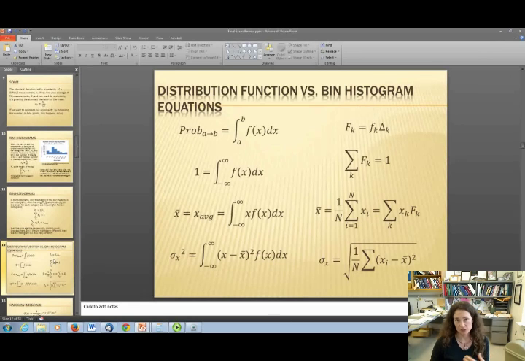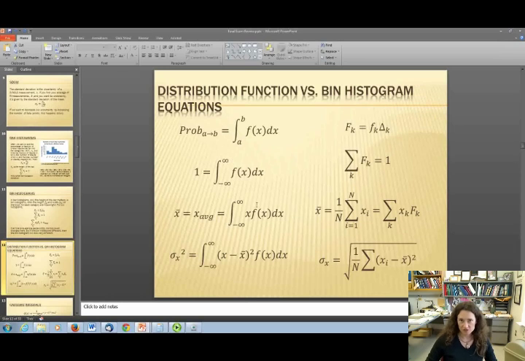It's got some shape to it, and what the distribution function gives you is the probability that the values lie within certain ranges. So if you integrate your distribution function, say, from a to b, then that'll give you the probability that your value lies between a and b. Okay? If you sum, or if you integrate over all space, then the probability will be 1 because the value has to lie somewhere with 100% probability.